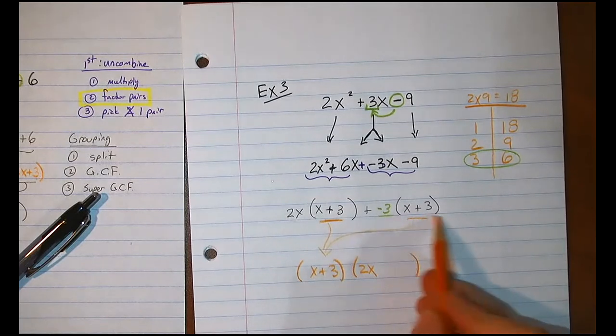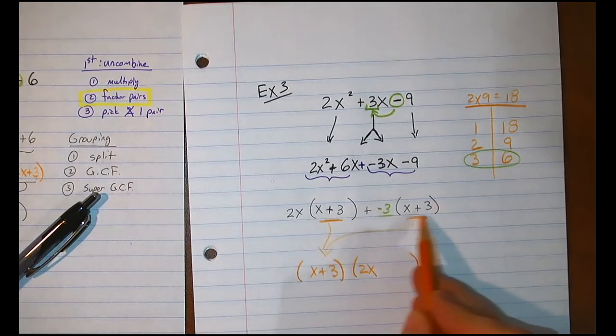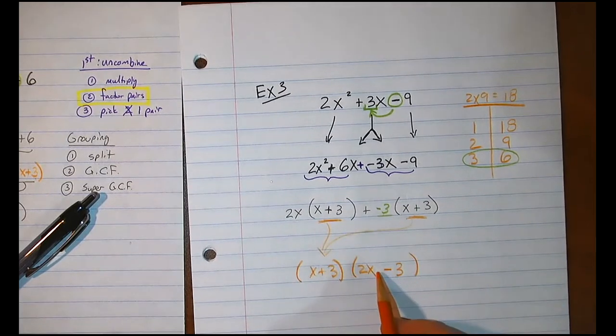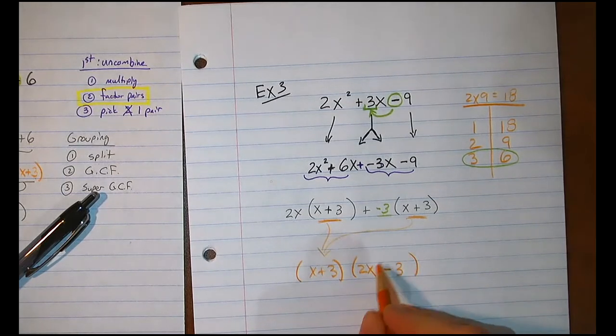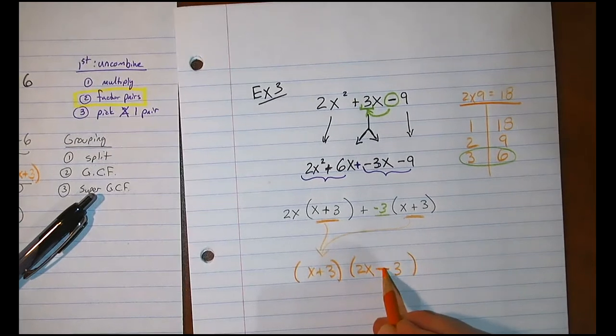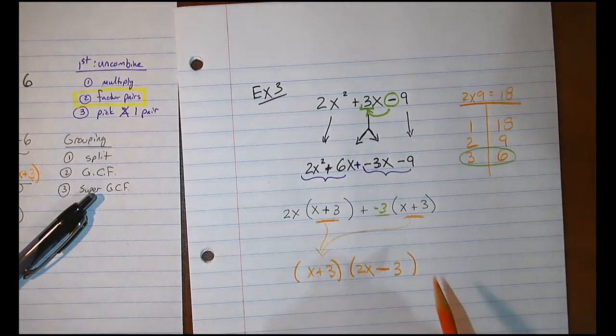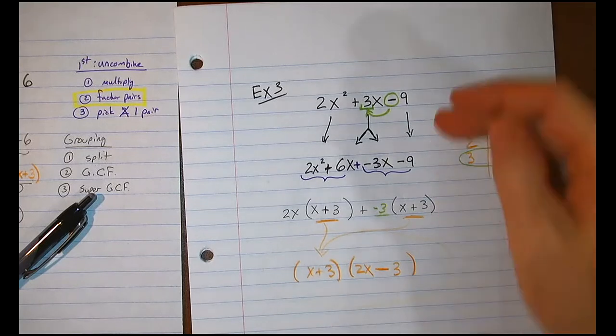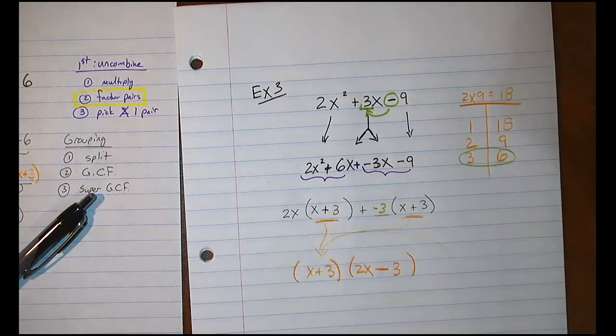And then in this second piece, the x plus 3 is getting multiplied by a negative 3. If you want to write plus a negative 3, that's fine. At this point, because we're talking about our final answer, I would go ahead and switch it back to being minus 3, but you can write it either way, and that would still be correct. So there is our final answer. And of course, you can always check it by distributing and simplifying it and making sure that this is the polynomial you would get when you're done multiplying.